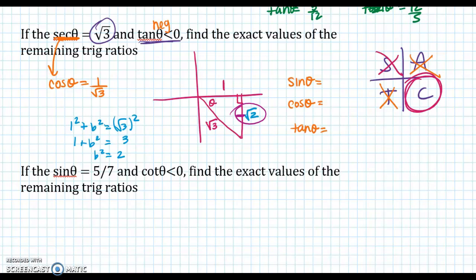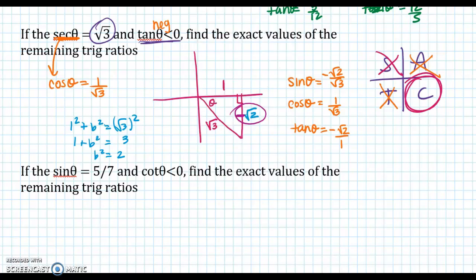So the sine is negative root 2 over root 3. And then the cosine, well, we already found that one, 1 over root 3, positive. And then the tangent is also going to end up being negative root 2 over 1.